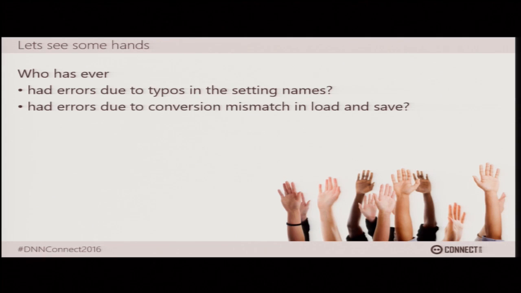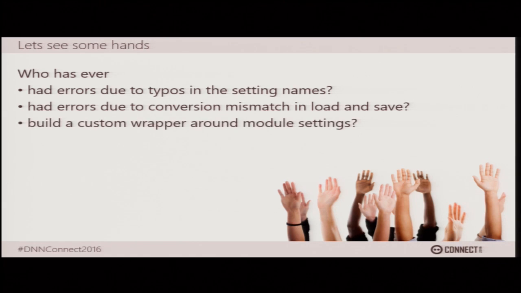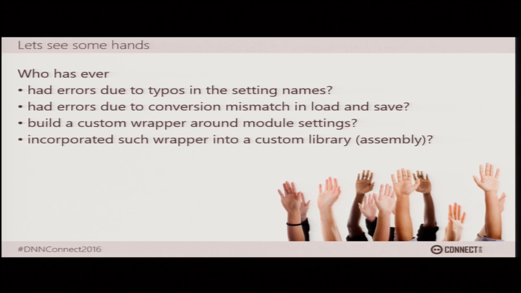Errors in type conversion. You saved it as an integer and it should actually be a decimal or something like that. So how many of you built your own custom wrappers? Luckily, a few people noticed the lacks of the previous DNN versions and maybe even incorporated that into a library or some sort of a library.